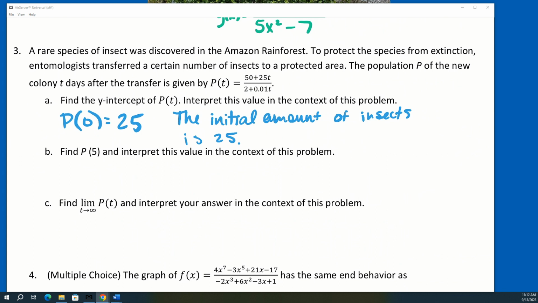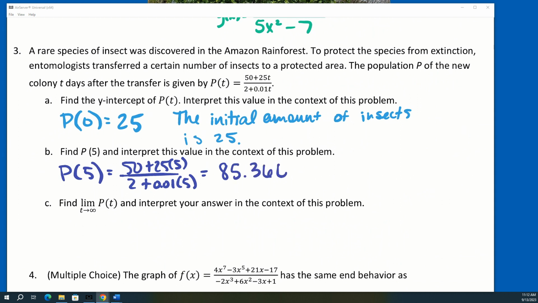All right, and then for letter B, we want to find P of 5. So we'll just take that 5 and we're going to put it in for T. And I'll go ahead and tell you, because I know you guys can do this, that you get 85.366.